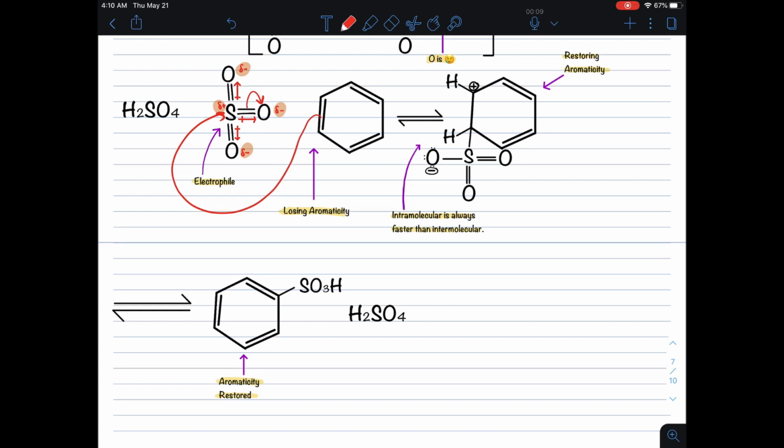In other words, do you think it makes more sense that another HSO4- comes in, and then it takes the proton off, and then it has to come back to protonate the sulfur group? Probably not, right? So she believes that it's the oxygen in the sulfur group that's going to snatch the proton. And when it snatches the proton, the hydrogen is going to dump its electrons back on the benzene, and voila, we have restored aromaticity.